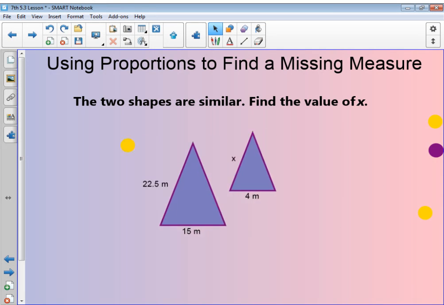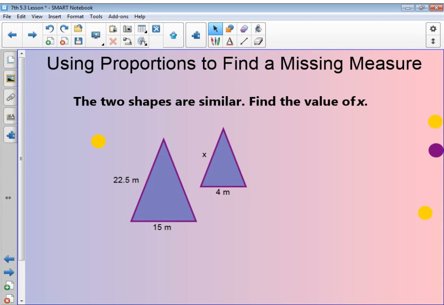Okay, so let's go ahead and try another one. So here we have a triangle. This time they're similar triangles, and we do have some decimals, and that's okay. I'm going to set this up as one of my ratios: 22.5 over 15. And if you had those flipped around, that's okay. You just have to make sure that when you go to do your third piece, that you match sides.